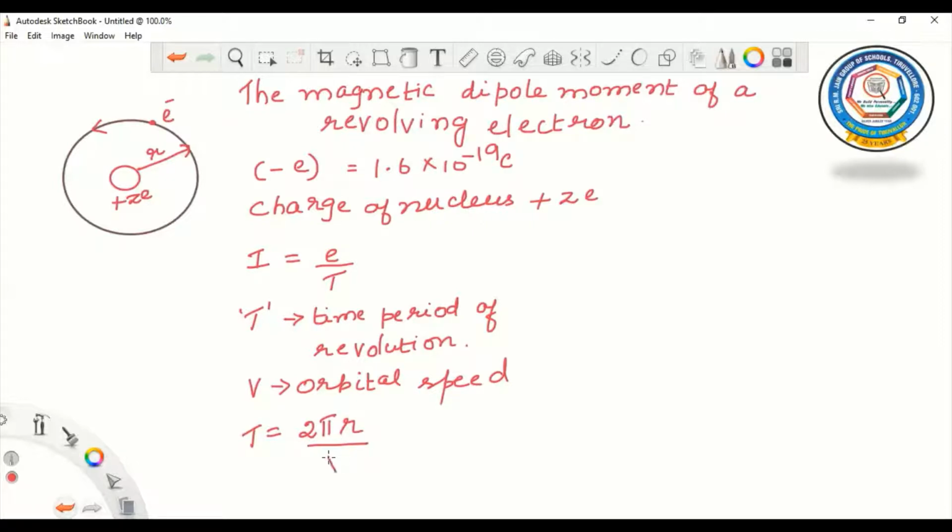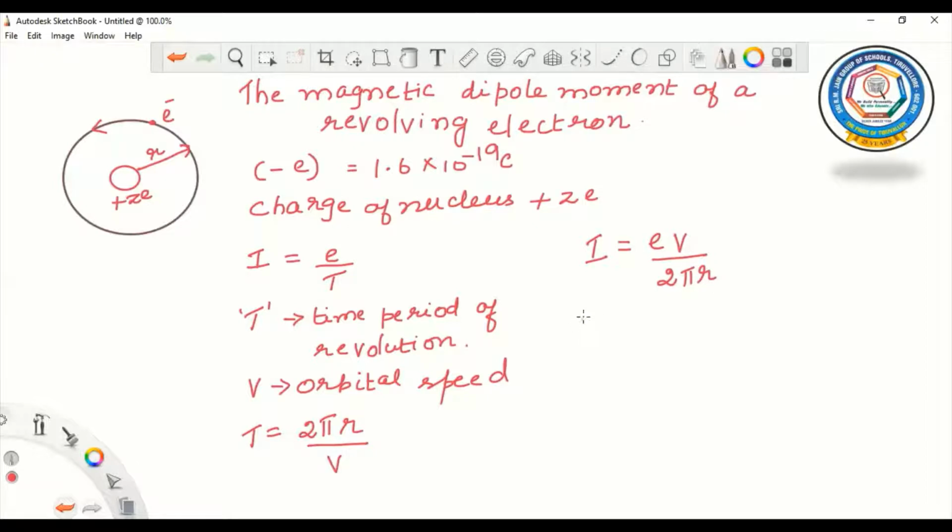Substituting this expression for the time period, I is equal to e divided by 2 pi r by V, so this becomes eV divided by 2 pi r.